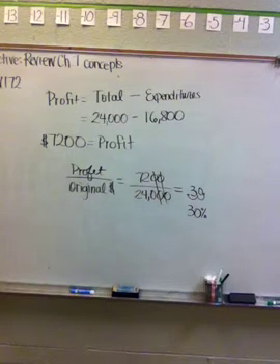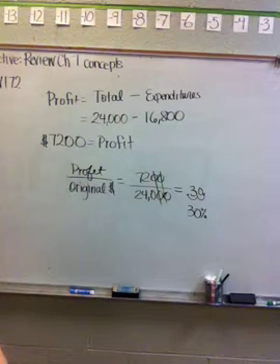So $16,000. What's the difference? Would it be 2,880 equals 16,000? Shouldn't it just be 2,880 divided by 16,000?